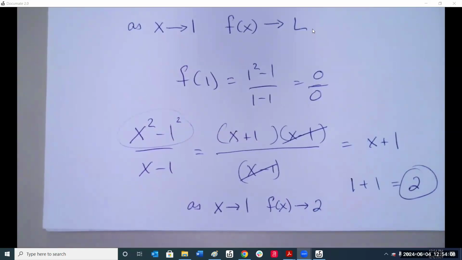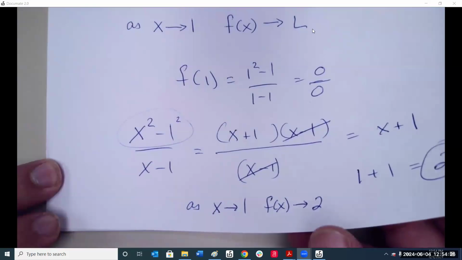No, it doesn't equal 2. It simply approaches 2. What does that mean? Think back in algebra. What does that mean?